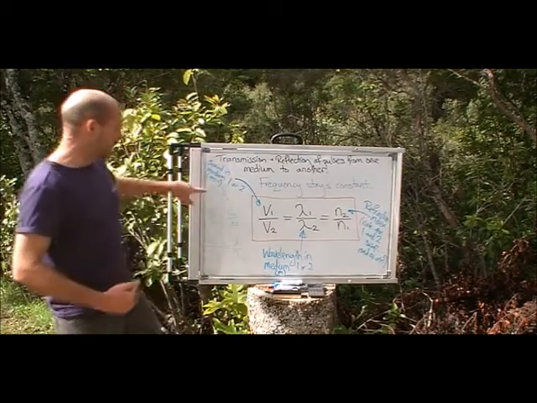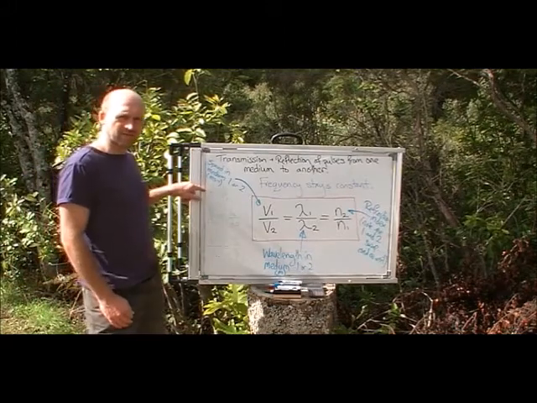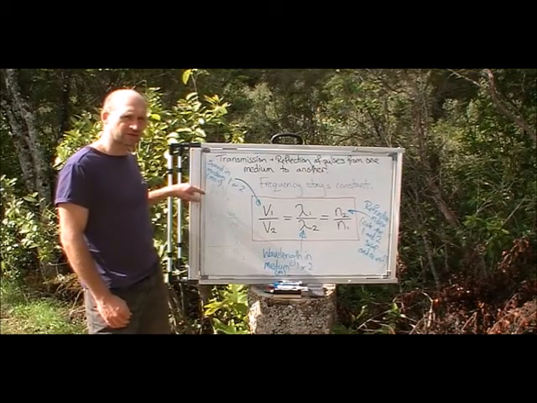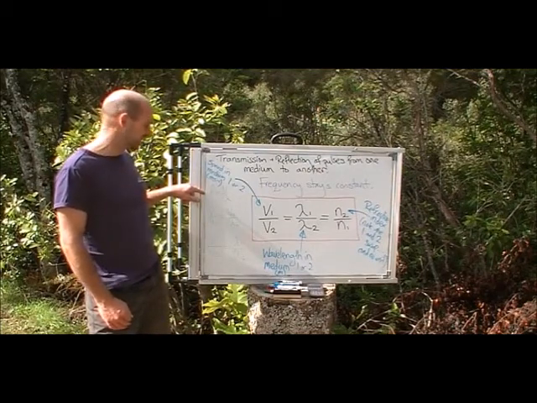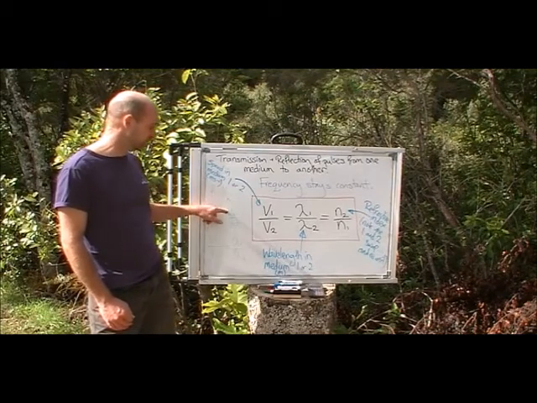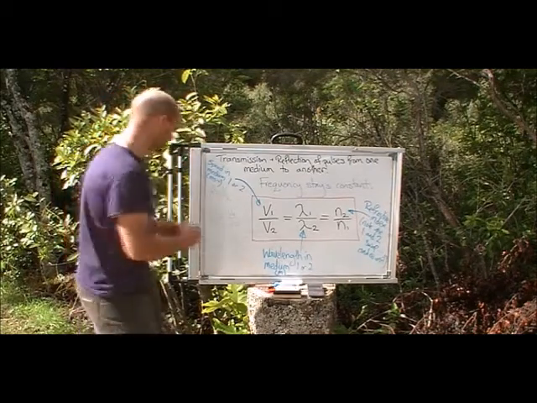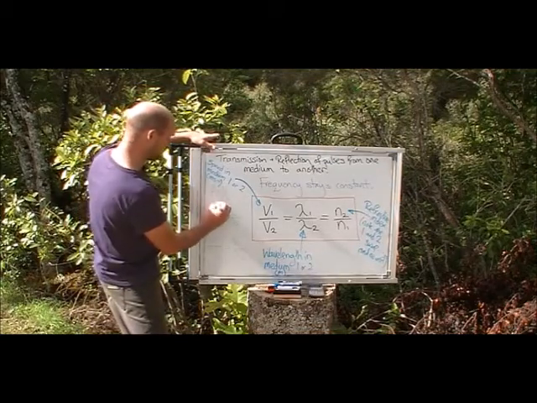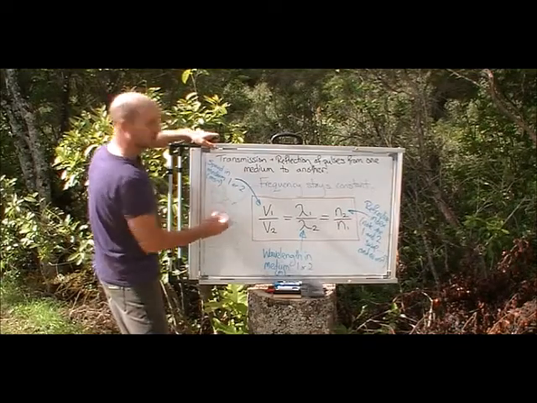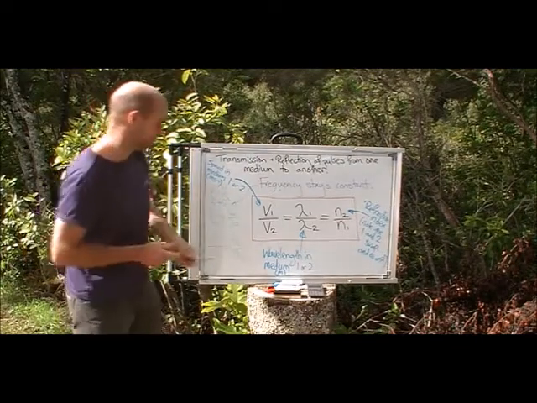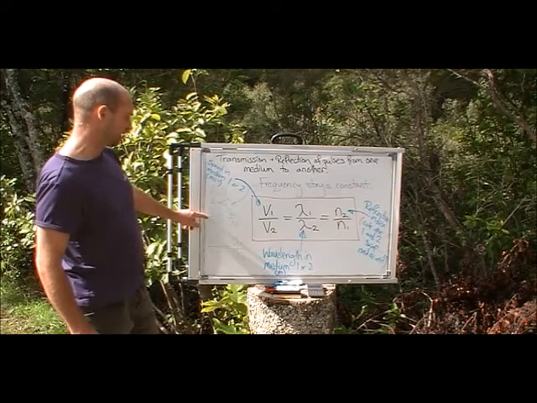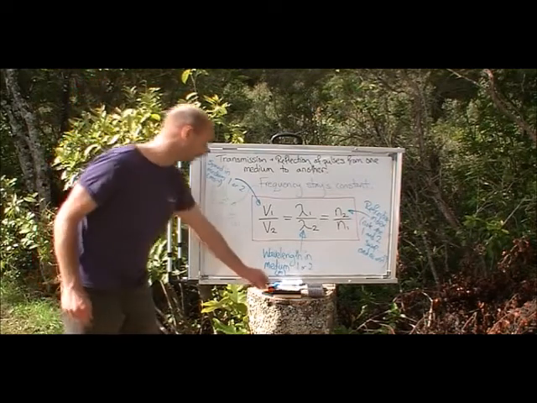And we know from our v = fλ, you maths gurus will be able to rearrange that to f = v/λ. And so v1/λ1 must equal v2/λ2, because we know that f1 must equal f2 because frequency stays the same. v1/λ1 = v2/λ2.